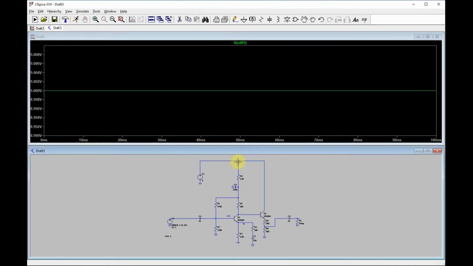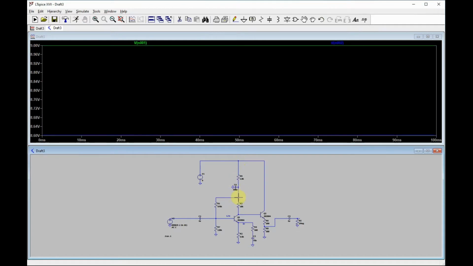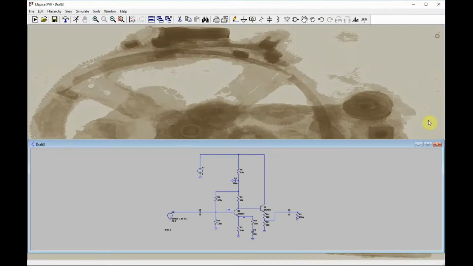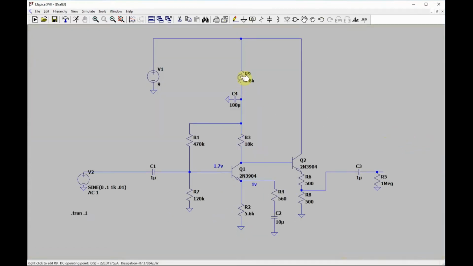Obviously this is at 9 volts. Okay, this is at 8.6 volts. So we've lost 0.4 volts. I'm going to say that's probably okay, but yeah, you can go a little lower. Go down to 1K.